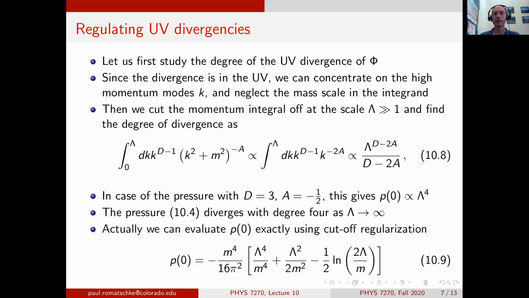For the case at hand, it's actually possible to evaluate this expression analytically. So if we evaluate this expression here for d is 3 and a is minus 1/2, we find the exact result for the zero temperature pressure in the presence of a momentum cutoff lambda, and it's given by an expression that contains this divergence of degree 4, but there's also a subleading divergence of degree 2 and a sub-subleading divergence that's just logarithmic in the momentum cutoff lambda.